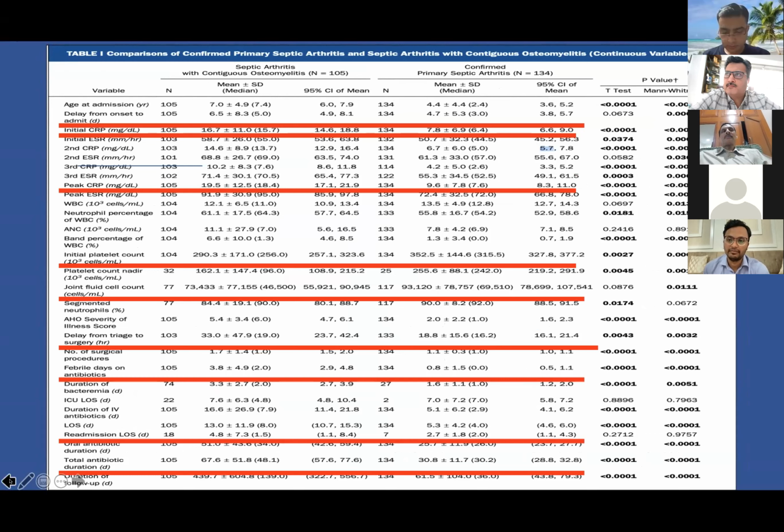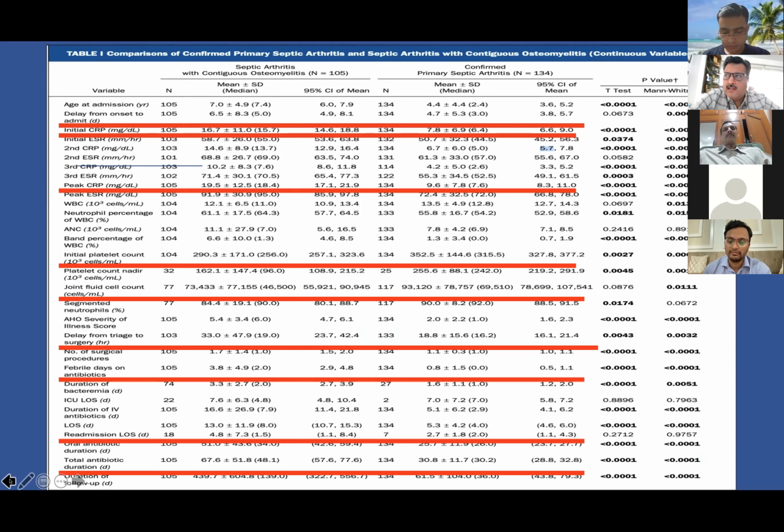The implication is this: the child is not weight bearing, is not allowing you to touch the limb, is running a high fever and high CRP, and it looks like a septic joint. You drain it and you don't treat the osteomyelitis which is present.